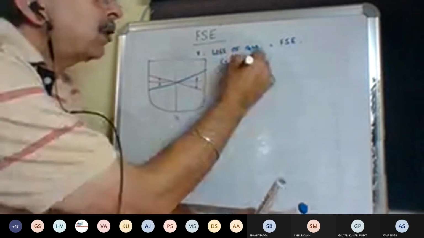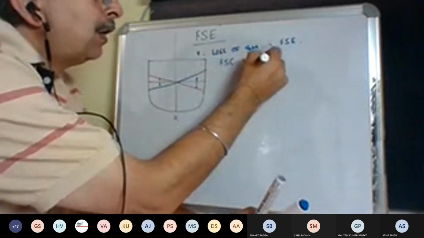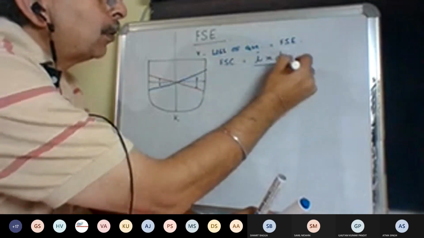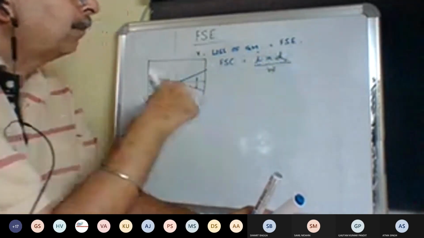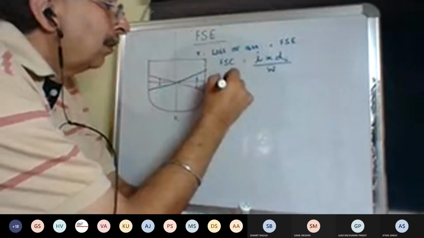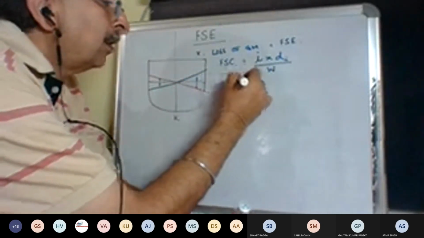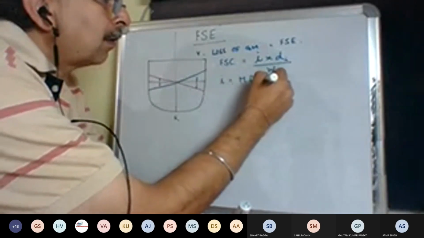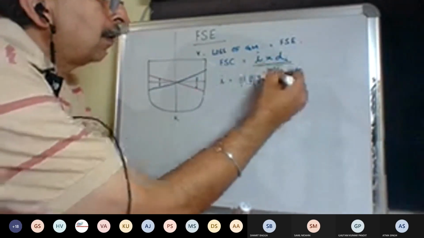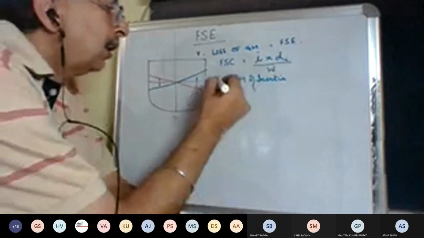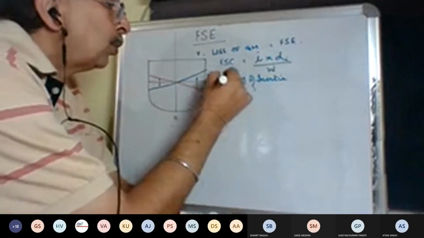Free surface correction is given by a formula: I by W, where I is moment of inertia. I can write it in capital also, same thing.